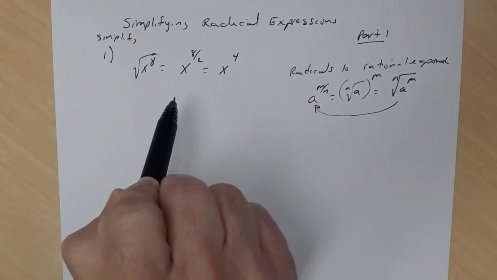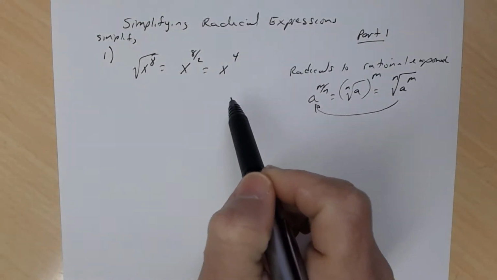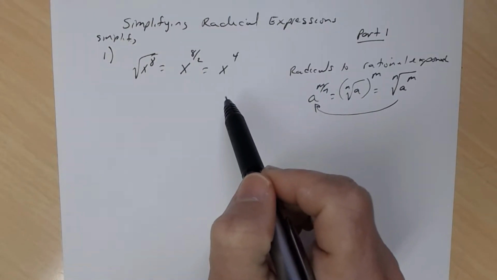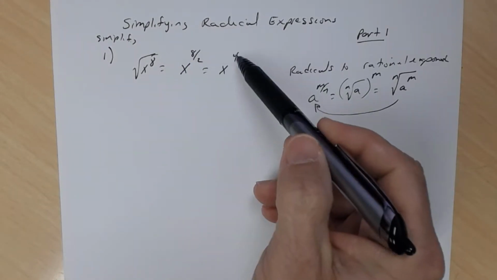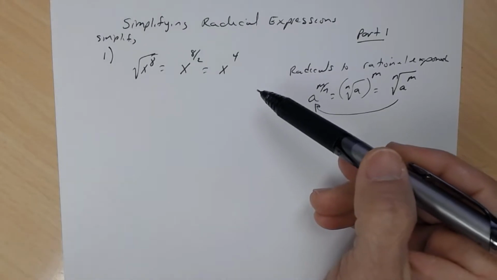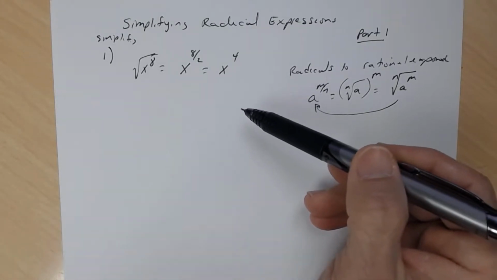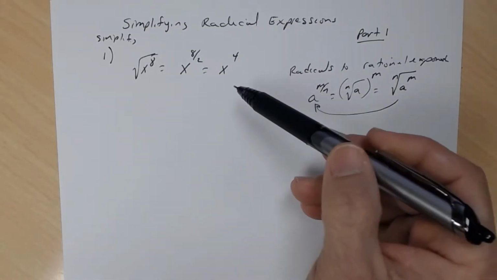The other thing I want to mention is that there are situations where, when you simplify these, you're going to have to insert absolute values. That's not going to be here.